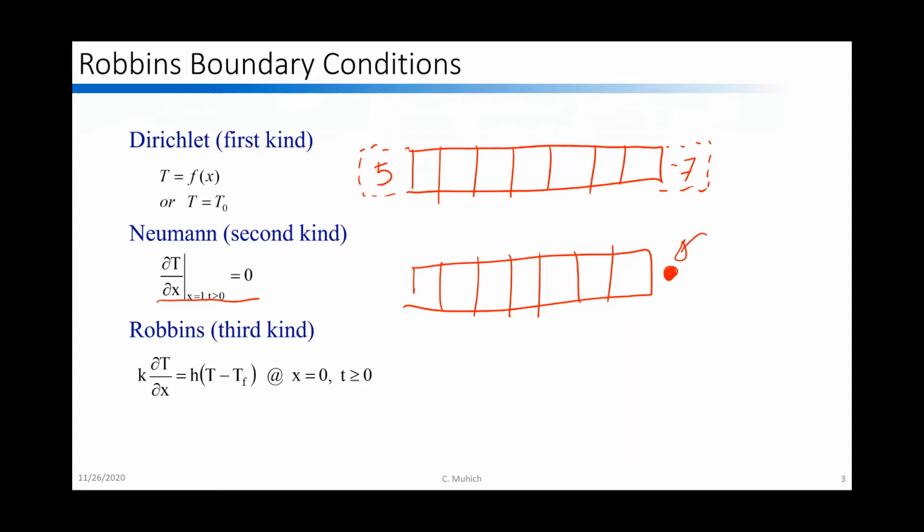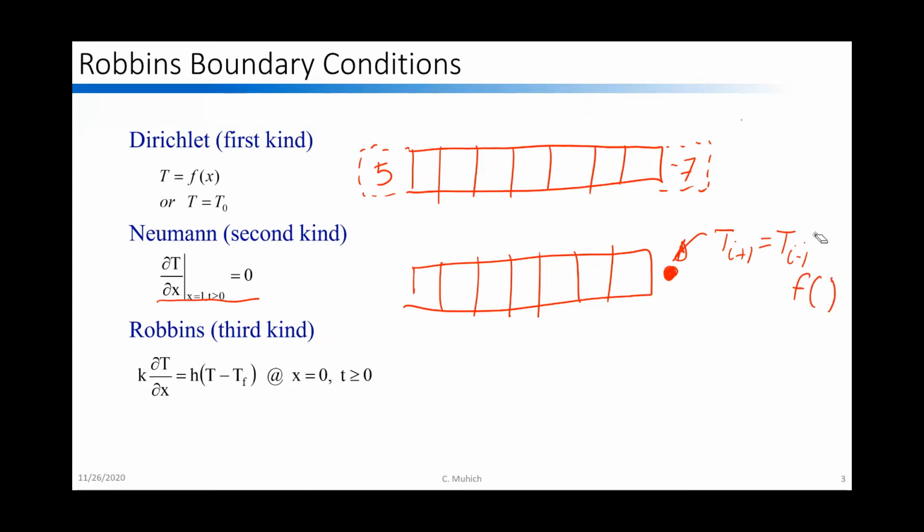We say that the value of that imaginary node, T(i+1), is equal to T(i-1) plus whatever that function is, times 2 delta x.